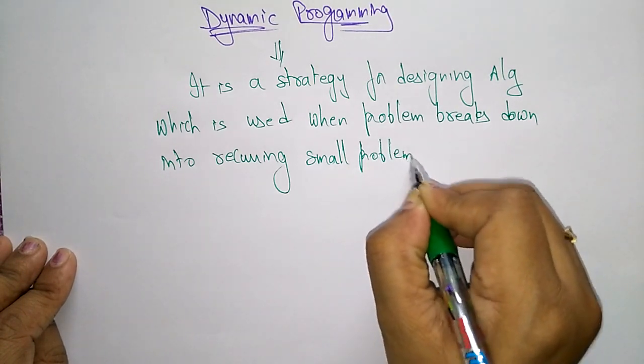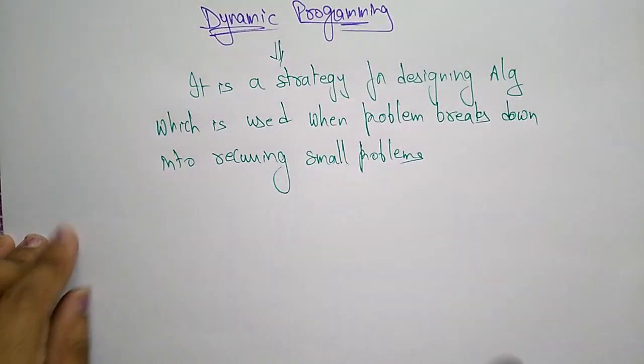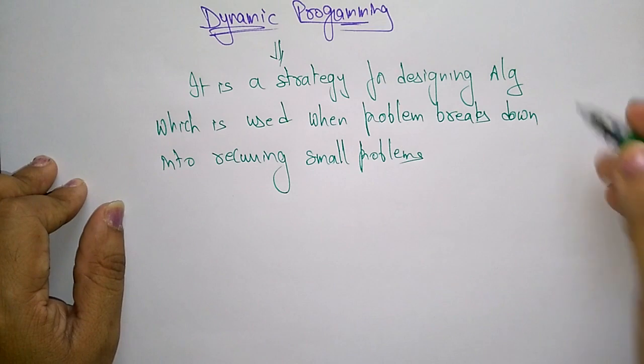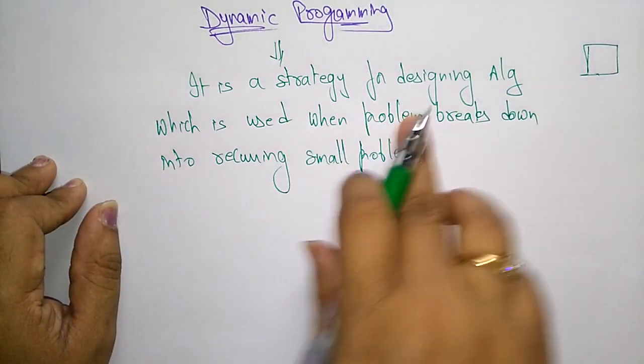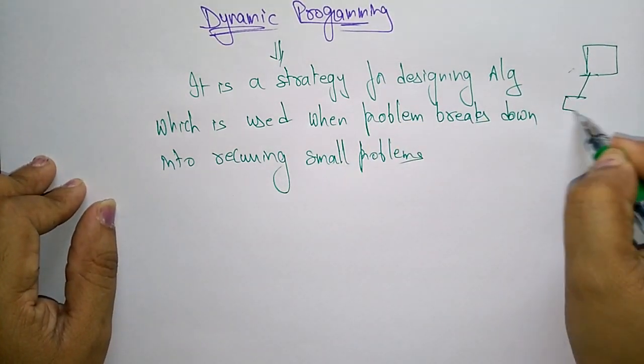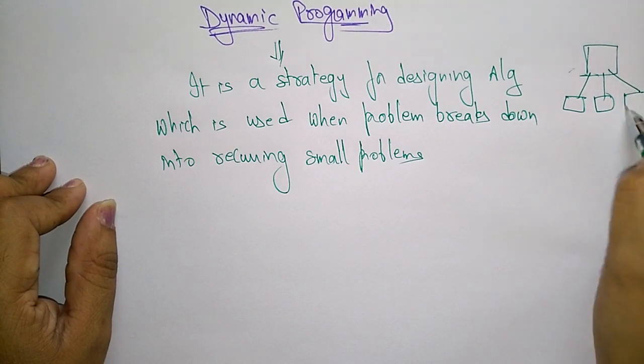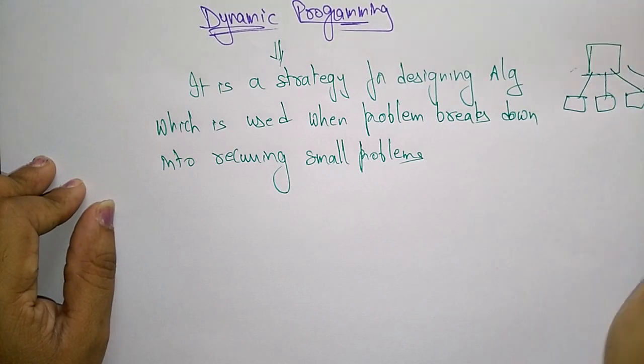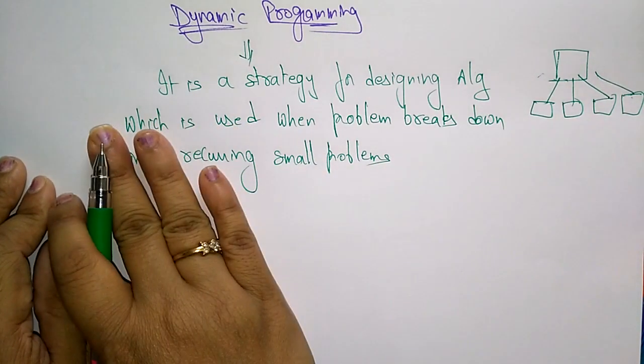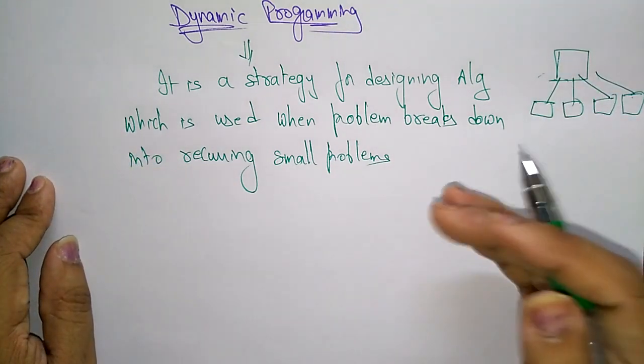So whenever a big problem breaks down into smaller recurring problems, then we can choose the method of dynamic programming.